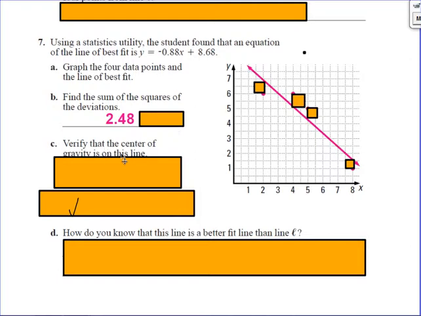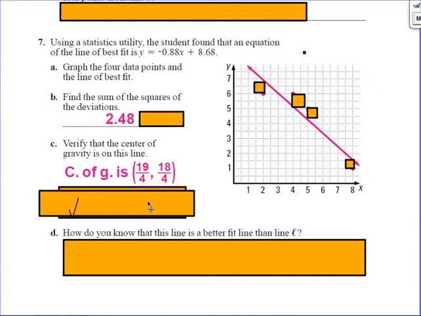Verify that the center of gravity is on this line. Okay, the center of gravity is the average x coordinate and the average y coordinate. When we do that, you're going to get 19/4 and 18/4. Average x, average y. And to verify that this is on the line of best fit, we need to take 19/4, plug it in for x, and make sure that we get 18/4 out for y.